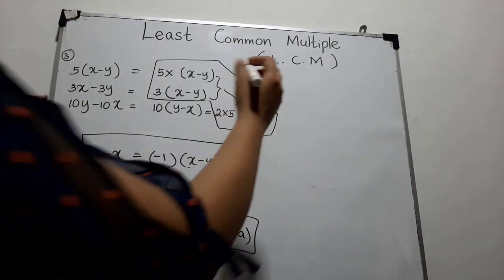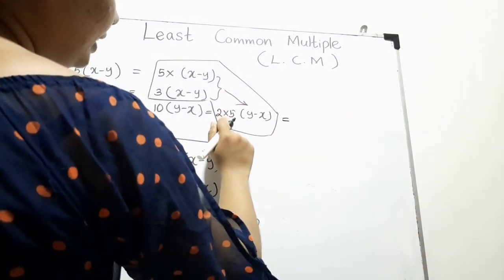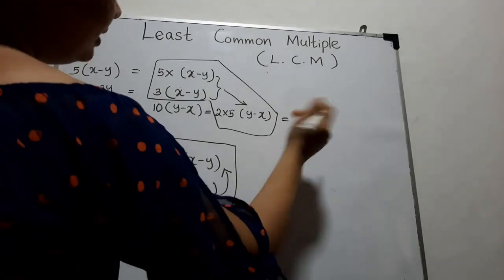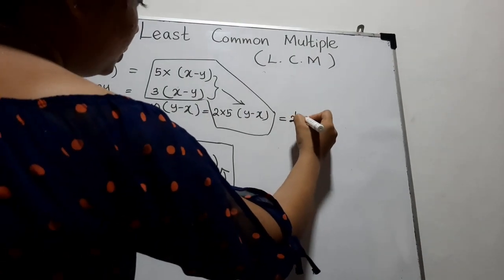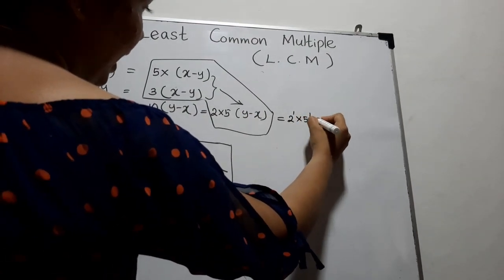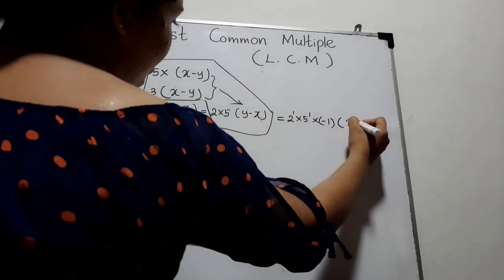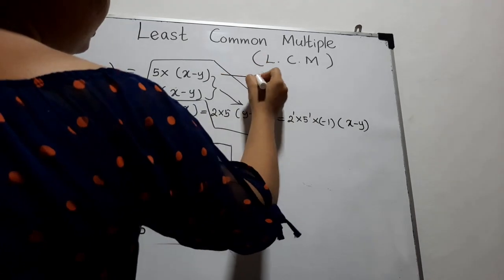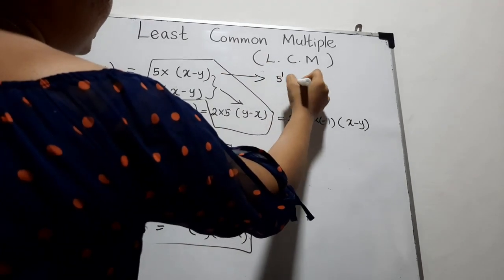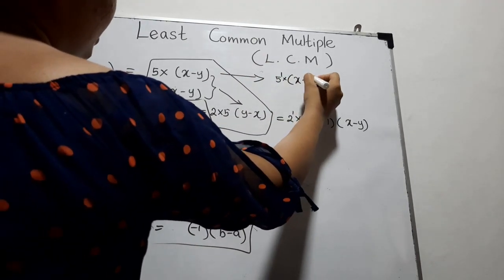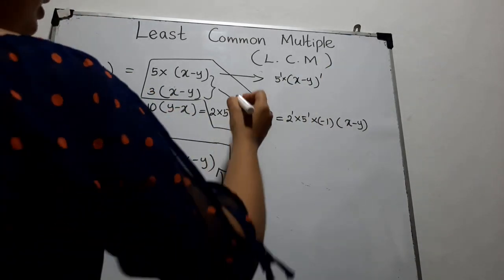Now let's see this one. Here 2 into 5 into y minus x can be written as 2 to the power 1, 5 to the power 1 and minus 1 times x minus y. Here 5 to the power 1 into x minus y to the power 1.